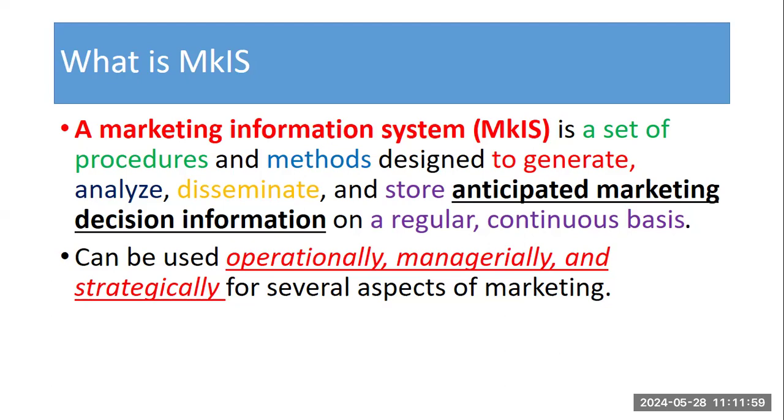So here, the marketing information system is a set of procedures and methods designed to generate, analyze, disseminate, and store anticipated marketing decision information on a regular, continuous basis. From this simple definition, we can get a picture of the marketing information system.